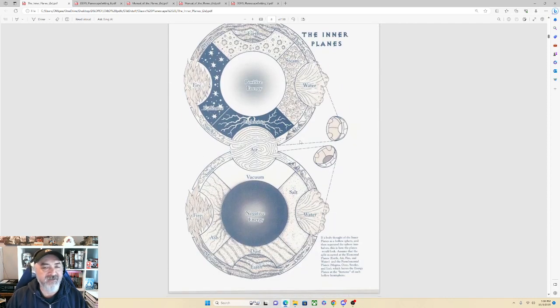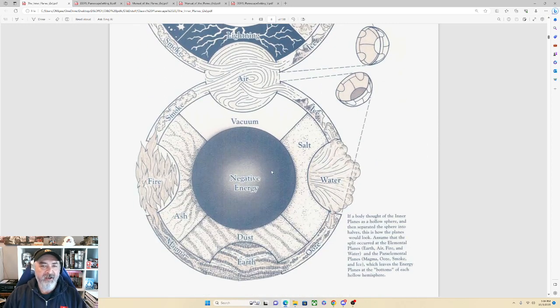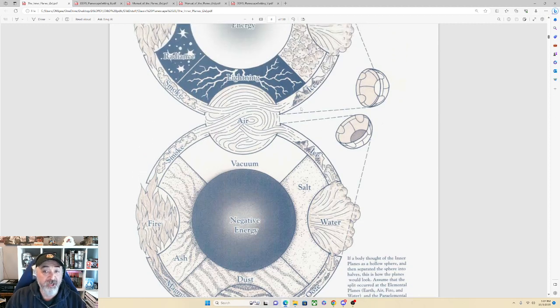Yeah, this is a fun little diagram that shows the interaction between air, fire, water, earth, and how the negative energy interacts with each of the prime elementals, as well as the border elementals. Para-elemental is the border between the two elementals.